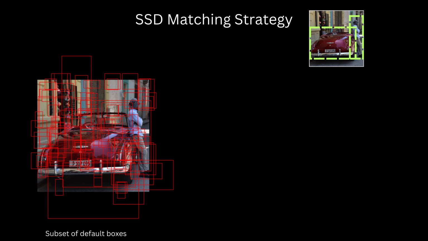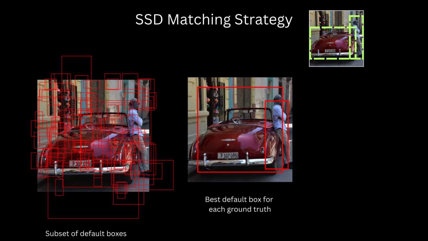The authors first find out for every ground truth box, the default box that has the highest overlap with that ground truth box. For these two ground truth boxes, we get these two default boxes. These are labeled as foreground with class label car for the larger one and person for the other one, and match to the respective ground truth boxes.